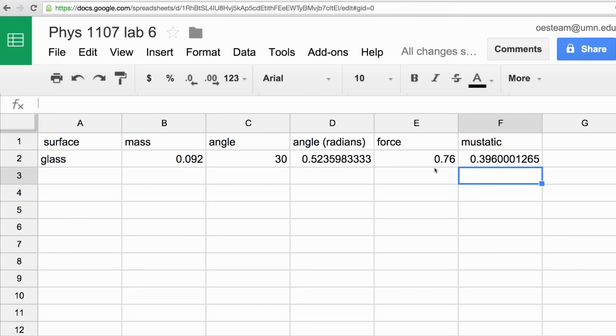What I get out of this first measurement with just the sled is a mu static of 0.396, which is reasonably close to what we got the last time we tried this.